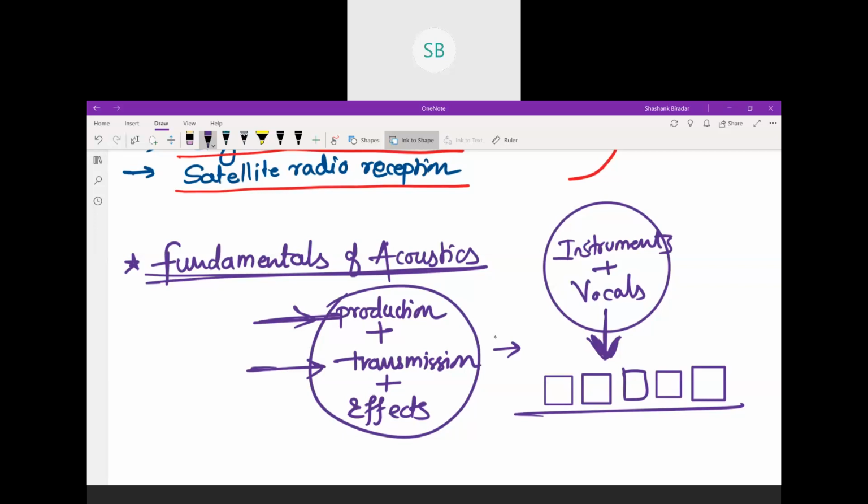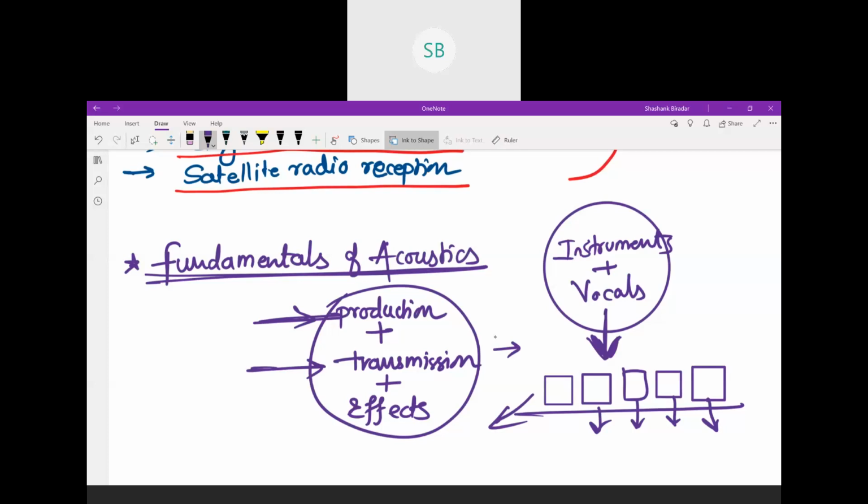Am I right? So the transmission to the speakers along with the effects, okay, effects are also important. So basically it is the science of sound which includes production, transmission and effects, including biological and psychological effects. Acoustics is also defined as those qualities of a room which collectively determine its character with respect to auditory effects.